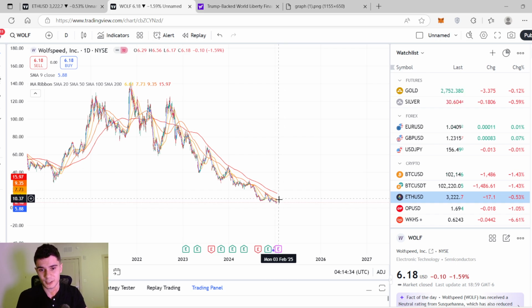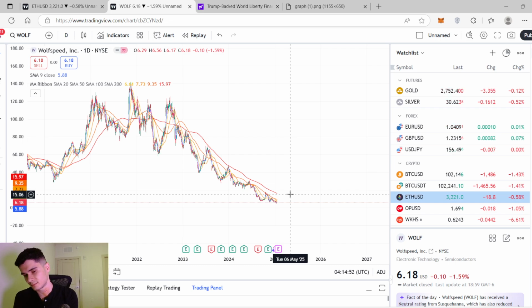This is a very interesting buy, and if you just have a few bucks that you don't need and you just want to pretty much gamble and see if you can make a lot of money off it, I think this is a very good stock to get into and hold. However, again, very risky. There's a chance it's going to go to zero. They do have a lot of cash on their balance sheet.